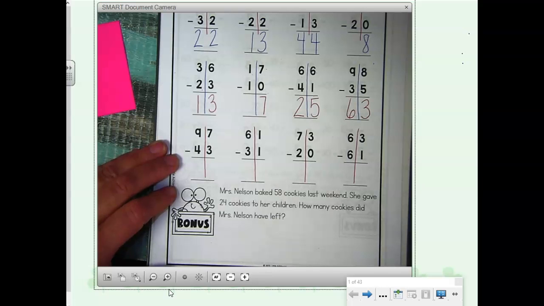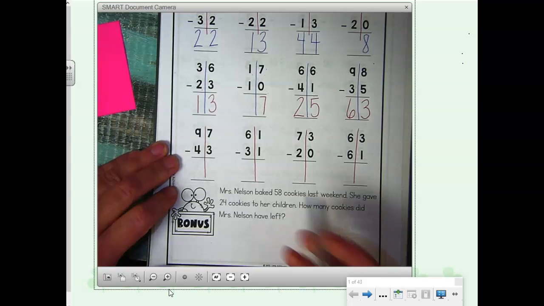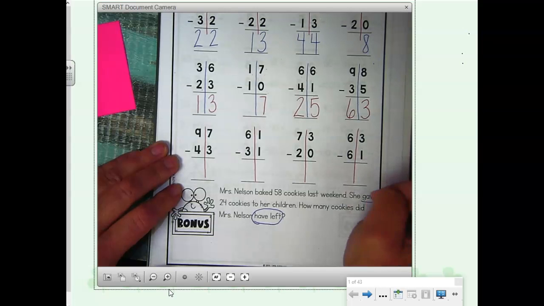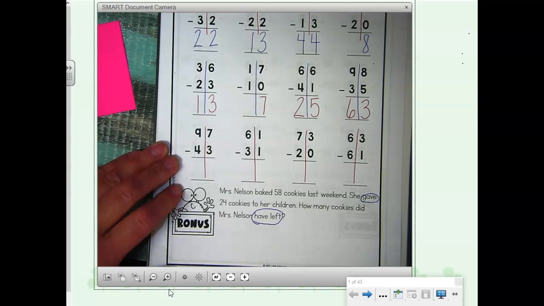All right, guys. What does the question tell us that gives it away that we are subtracting? All right, it says how many does she have left? That means some went away. Or it also says that she gave. When you give, you have less.